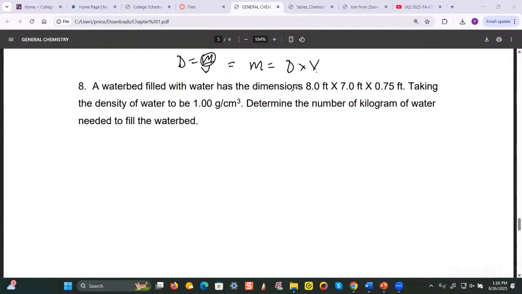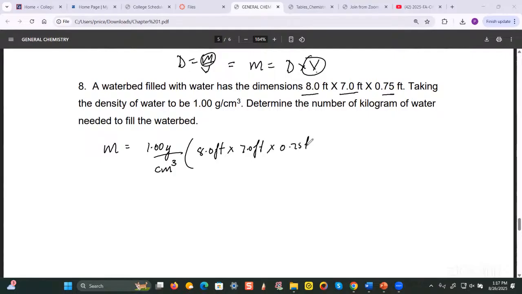They gave you the density already, which is 1.00 grams per centimeters cubed. Now, the volume will be obtained by multiplying the length by the width by the height. So I'm going to do that here: 8.0 feet multiplied by 7.0 feet multiplied by 0.75 feet, all right?